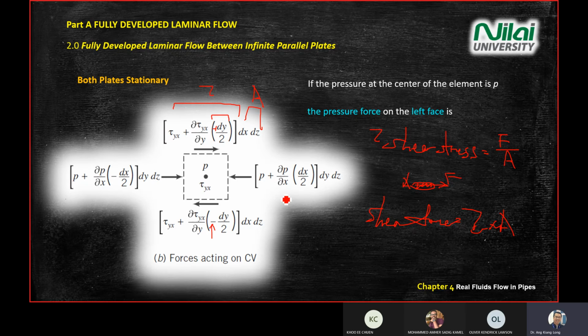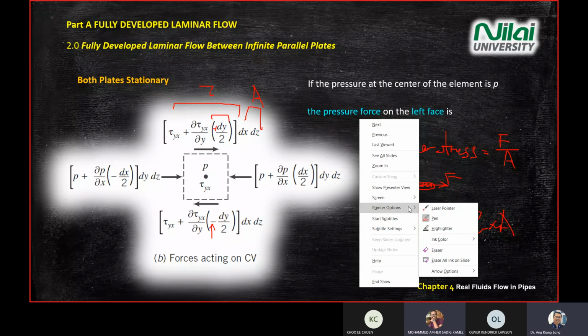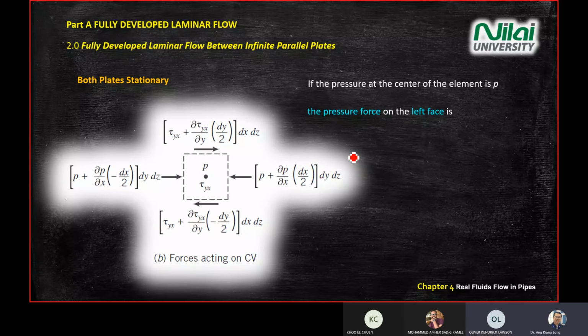So by looking at this diagram, you're having 4 forces acting on the control volume in X direction. Understand? It is because of the pressure and shear stress. Any question on this diagram? Clear? Yes, clear. Oliver, clear? Yeah. All right.